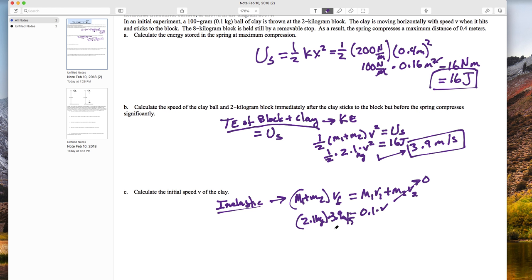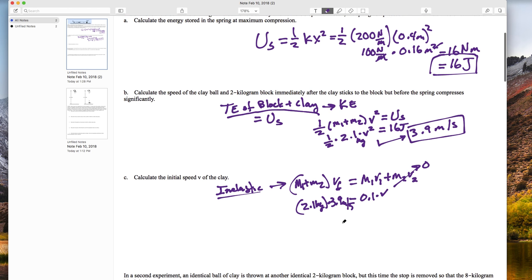And if we plug in the values here, we will know that we get 81.9 meters per second as a final result. That is the V value, which is the initial value of the clay. Okay, so this is dealing with conservation of momentum before a collision, and after a collision. So in general involved with collisions.